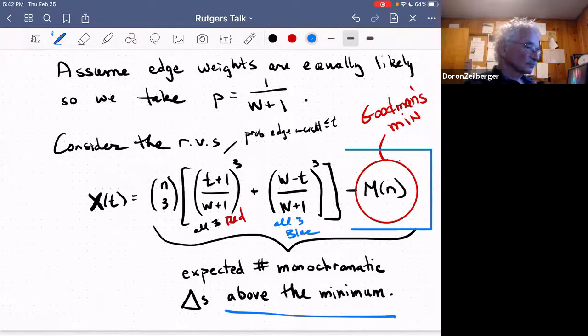And so if this random variable is large, then I might be able to say something's going on, because I have significantly more monochromatic triangles than Goodman's result says I will under the tenet of Ramsey theory.